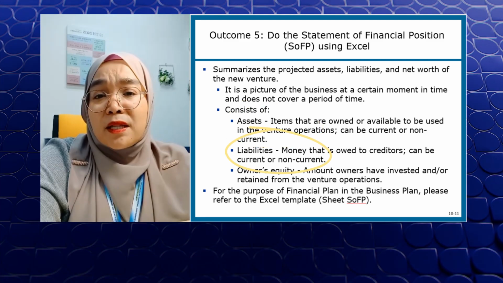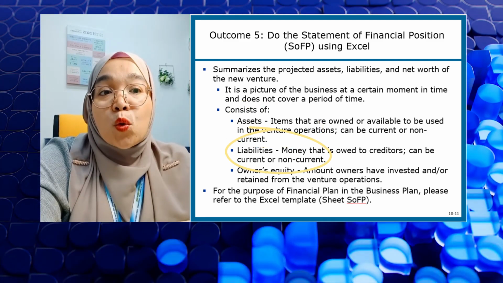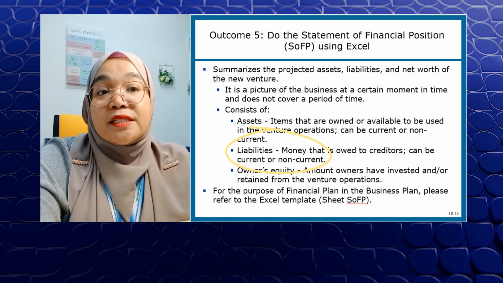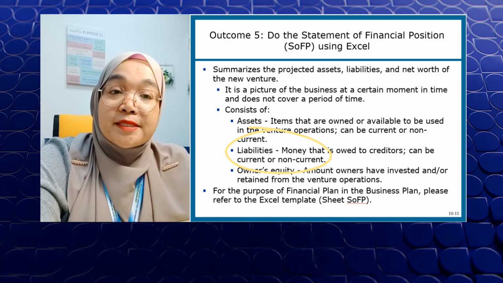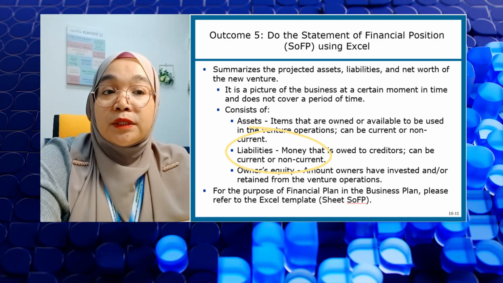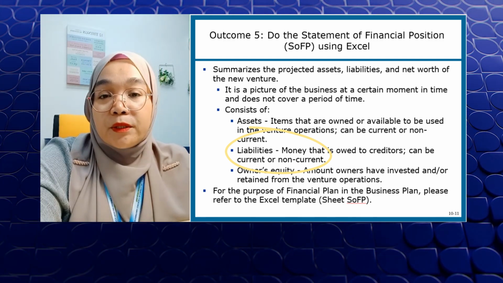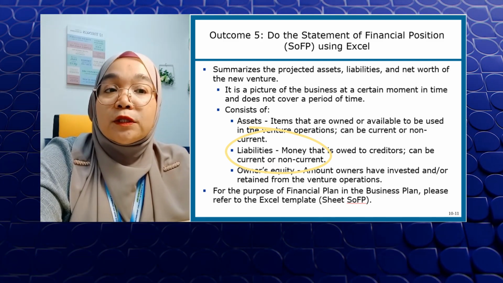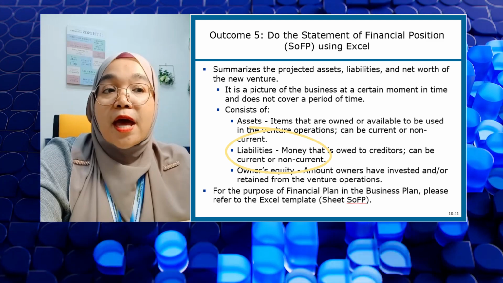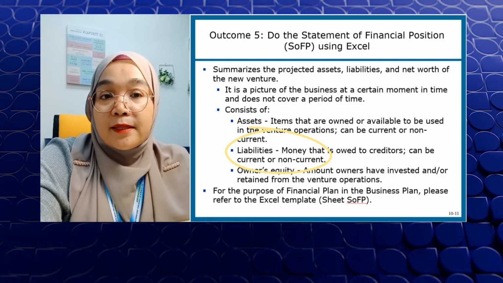Liabilities. What are liabilities? Actually, the money that is owed to creditors. Money that is owed to creditors can be current or non-current. Examples of current liabilities include overdraft, account payables, and also accruals. Examples of non-current liabilities include mortgage loans, any loans that have repayment of more than a year.